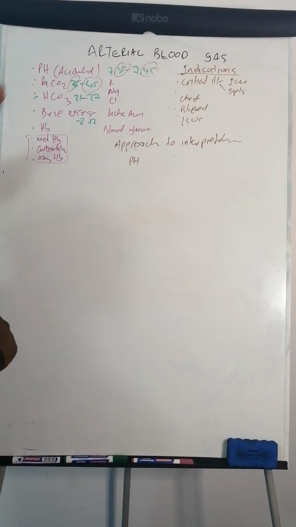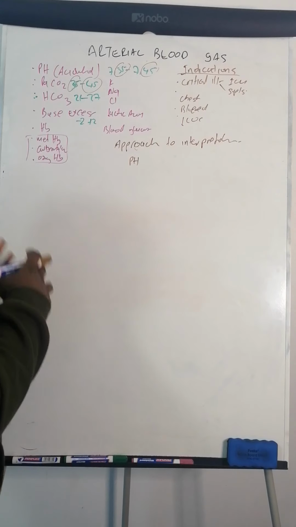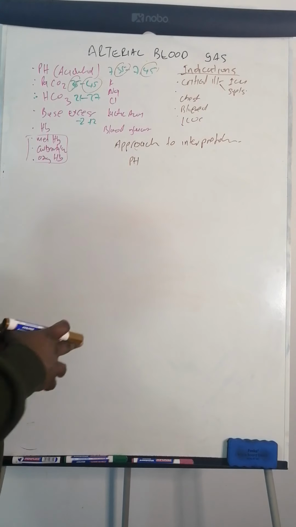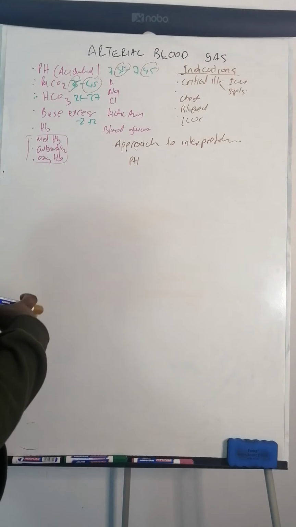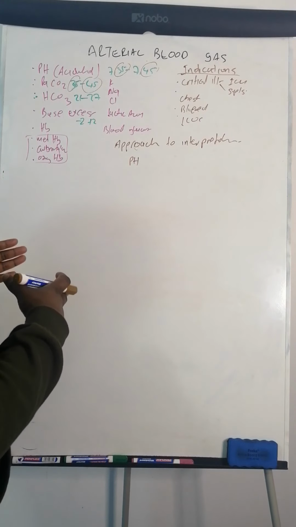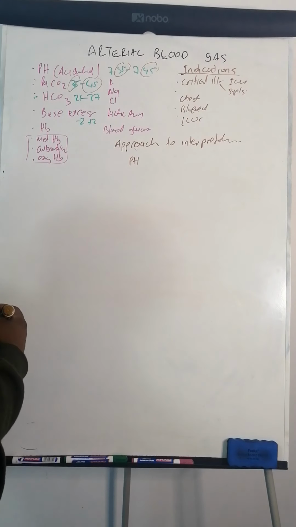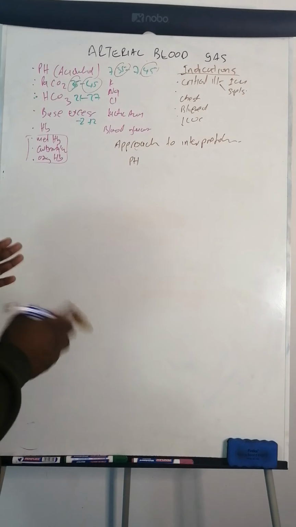Why is it very important to keep a pH between 7.35 to 7.45, and also why is it important to keep a temperature that is normal? The highest temperature that a person should be allowed to have is like 37.5, 37.6.